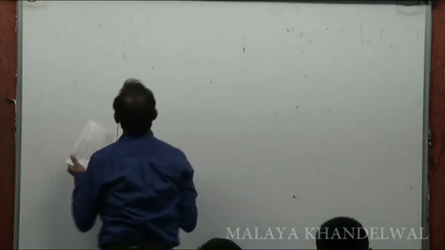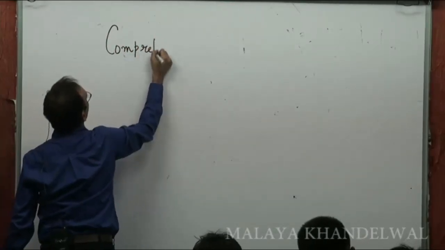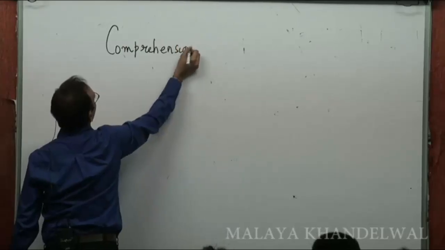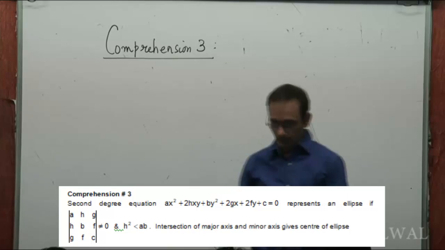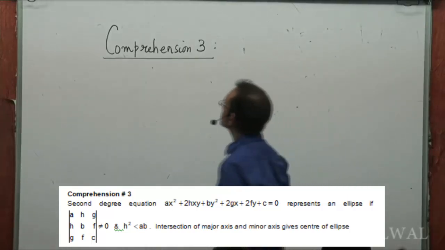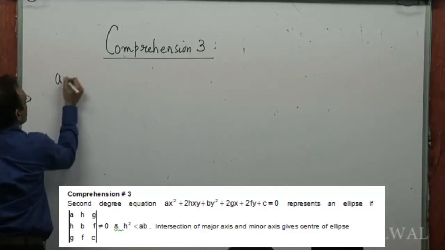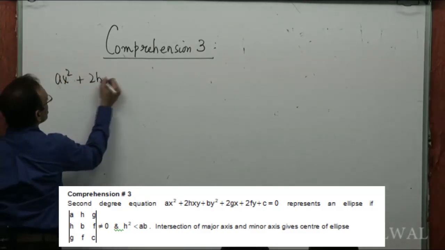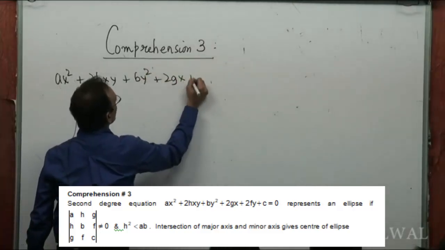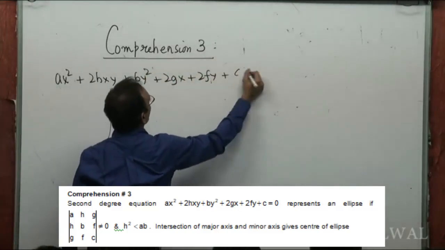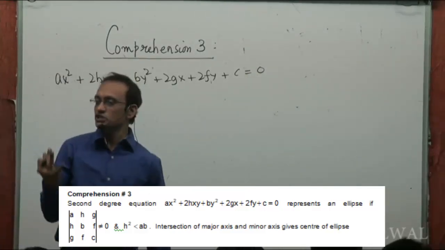Okay, examine comprehension 3. There is, of course, all of you understand, a second degree equation, which is 0, will represent an ellipse if two conditions are met.